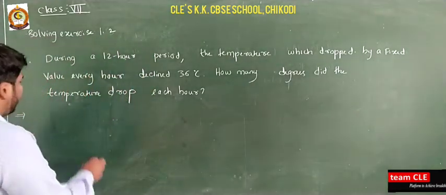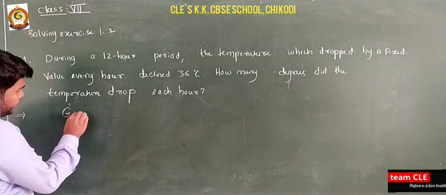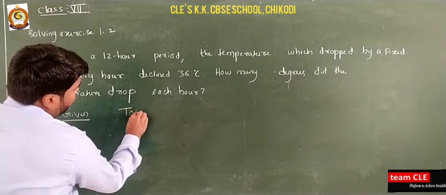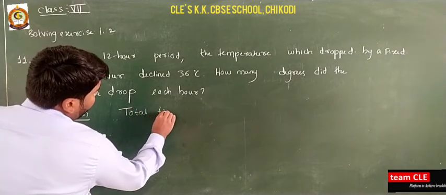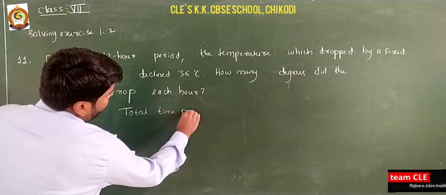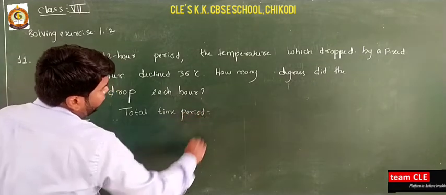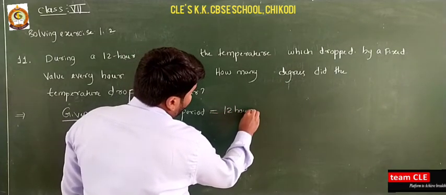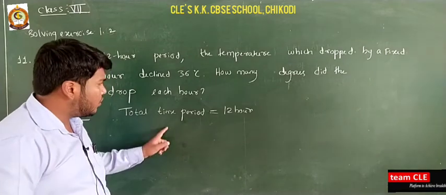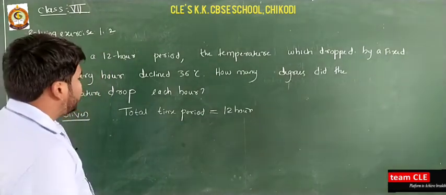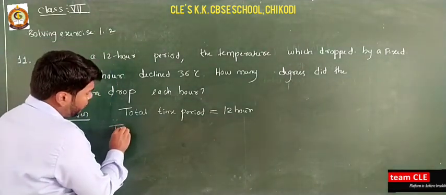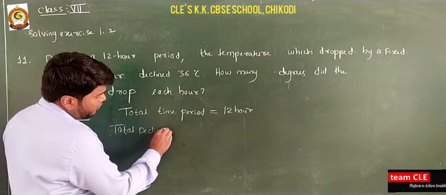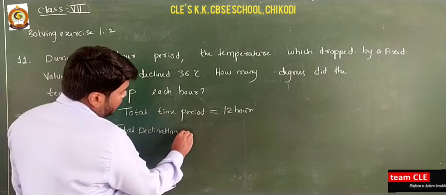Okay, so see here, first write the given things in the question. Given: total time period is 12 hours. Next, total declination in temperature.